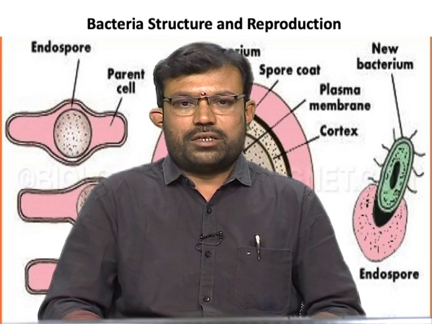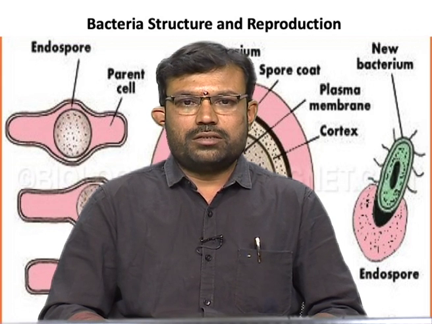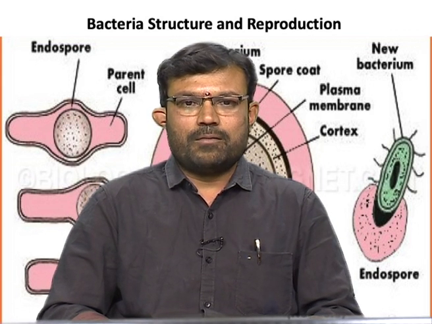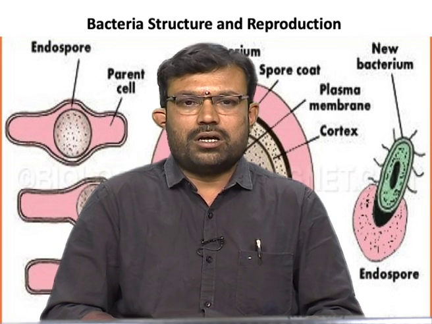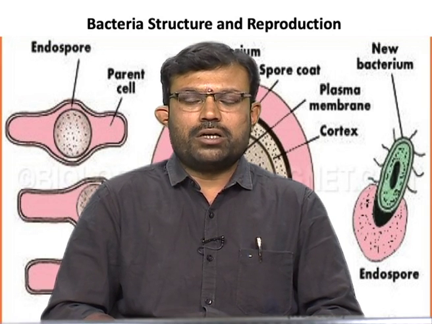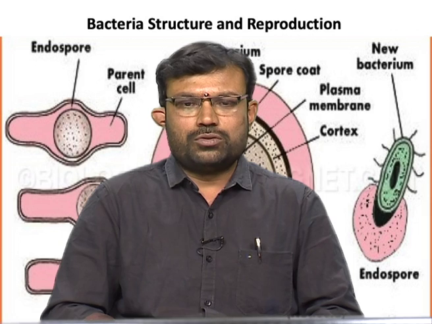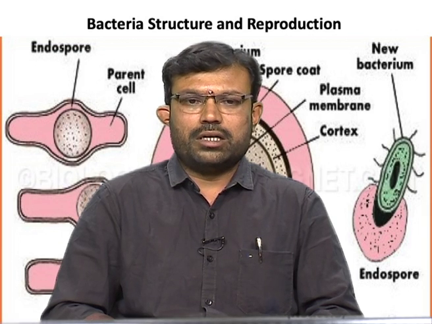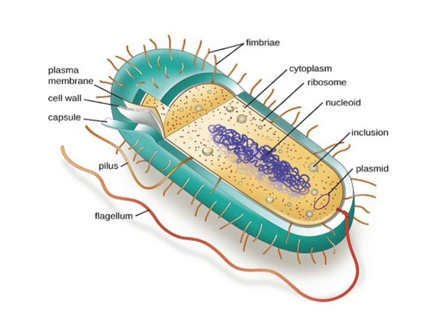Ultrastructure of bacteria. Let us discuss the structure of bacteria. Bacterial members are unicellular microscopic organisms, so we can observe them only under the electron microscope. When bacteria are observed under the electron microscope, different parts are clearly visible.